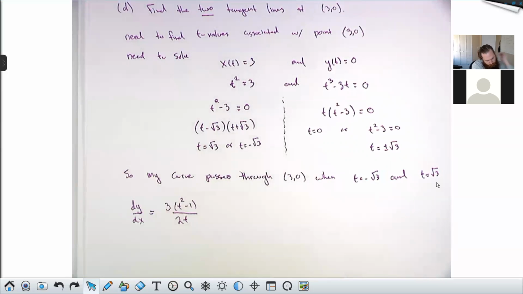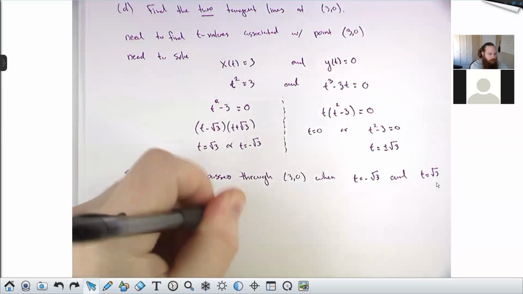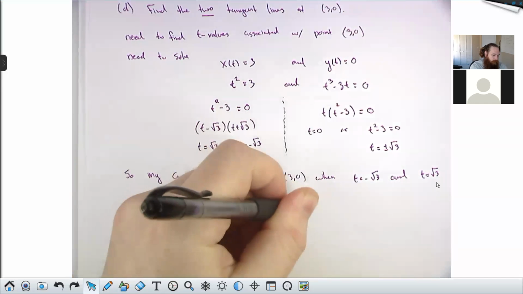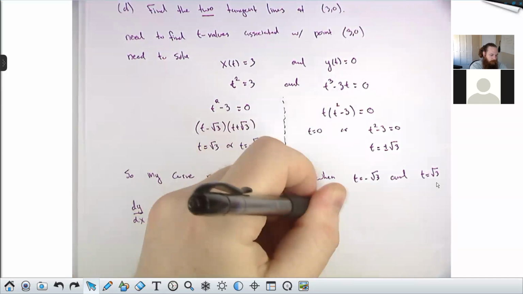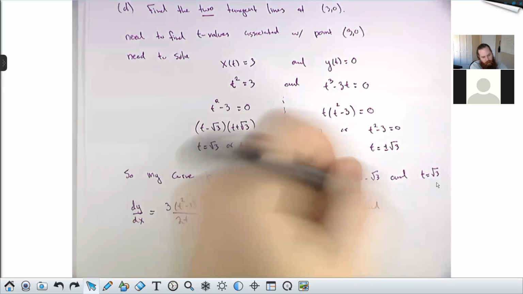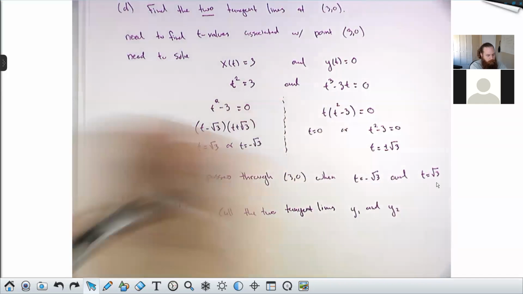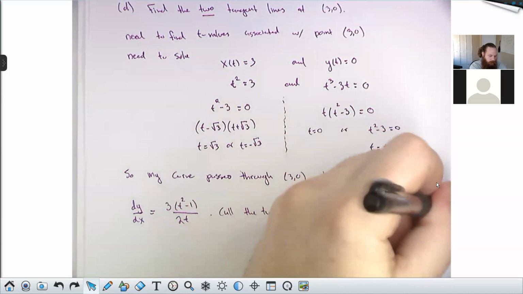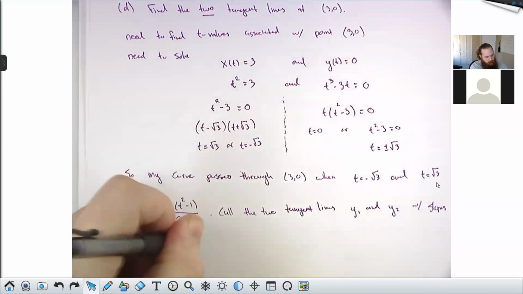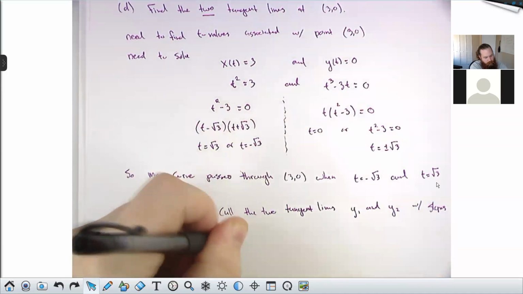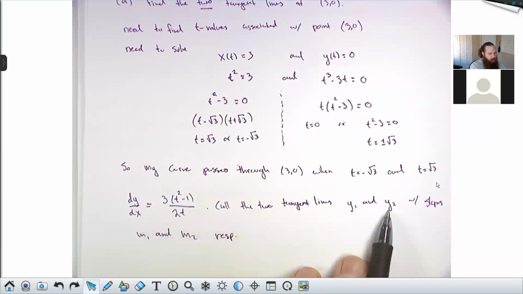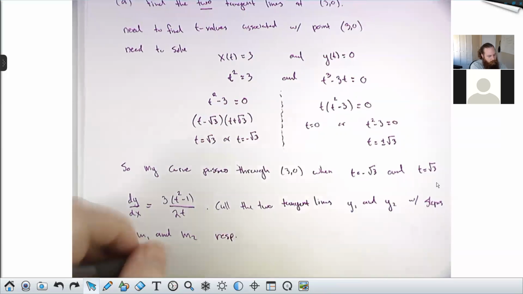I'll call the two tangent lines y1 and y2 with slopes m1 and m2 respectively. So the tangent line that I'm calling y1 has slope m1. The tangent line that I'm calling y2 has slope m2.